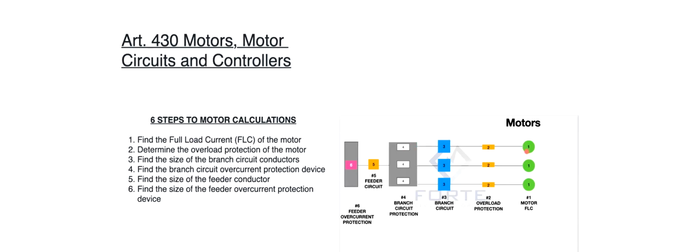And then number 5 is the feeder coming from like a disconnect or a main being fed to the MCC. So you got 1 step, 2, they're not steps, they're problems you have to solve. 1 problem, 2nd problem, 3rd, 4th, 5th, and 6th. And those numbers right there correspond with these right here.